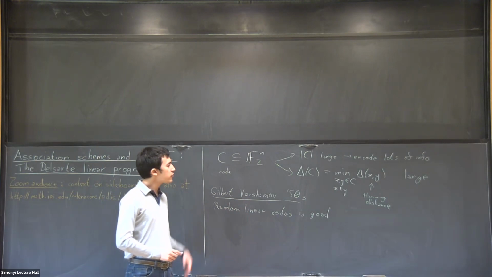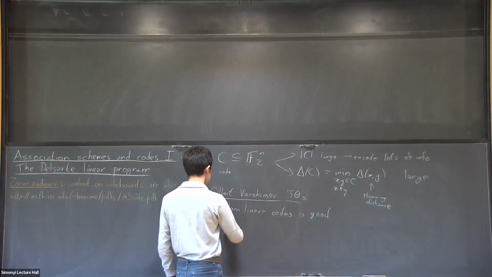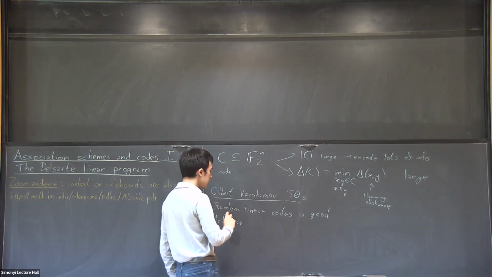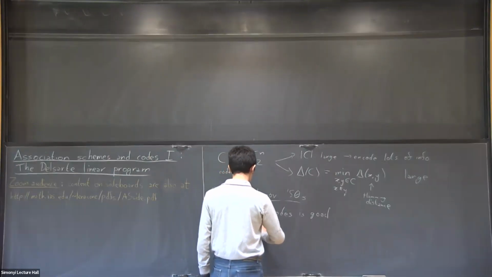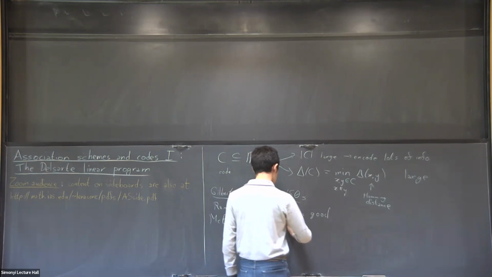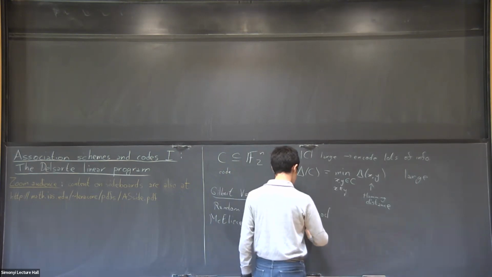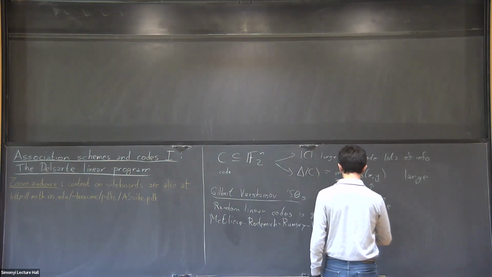We're going to be more focused on the upper bound, which is due to McEliece, and not even the upper bound itself, but the technique to get to the upper bound. So McEliece, Rodemich, Welch, from the 70s.